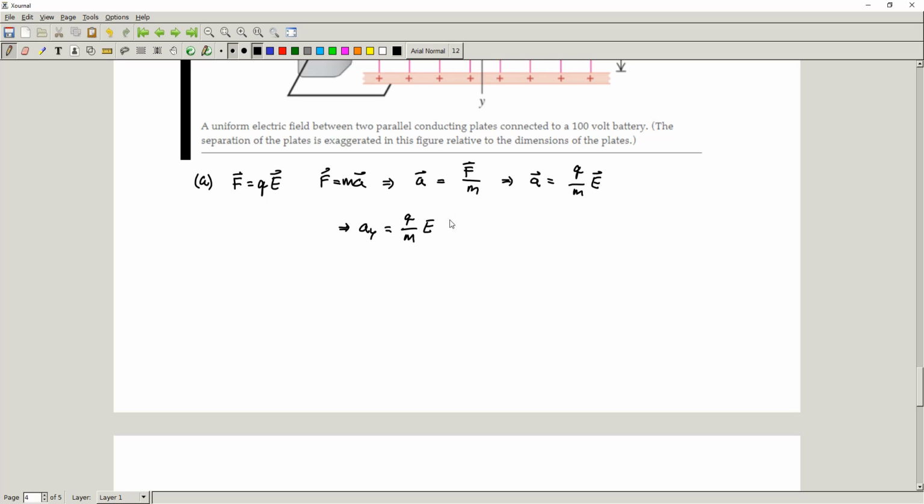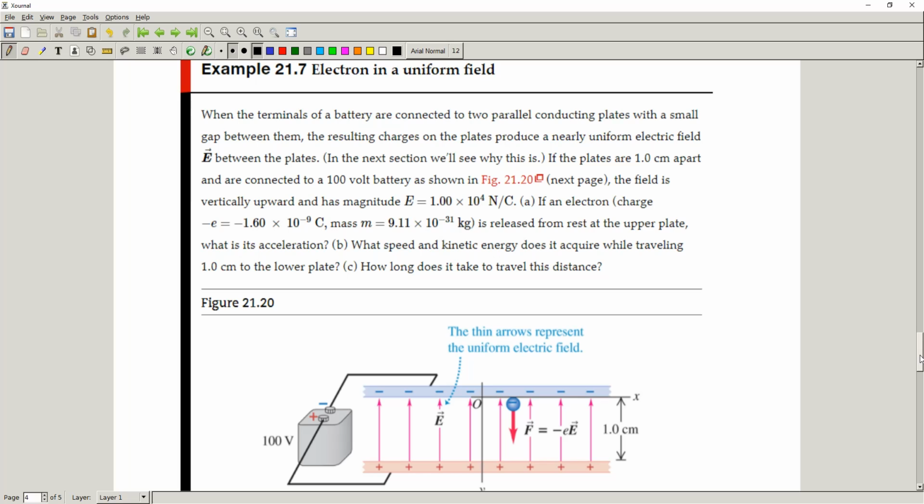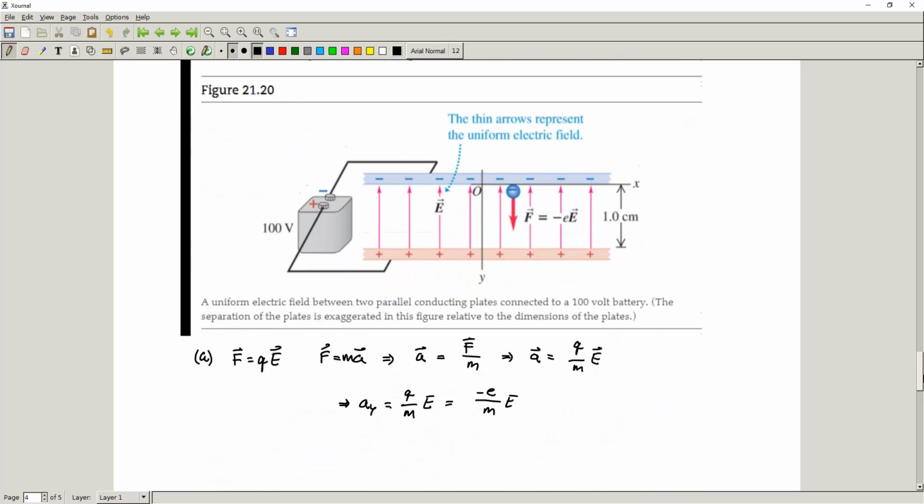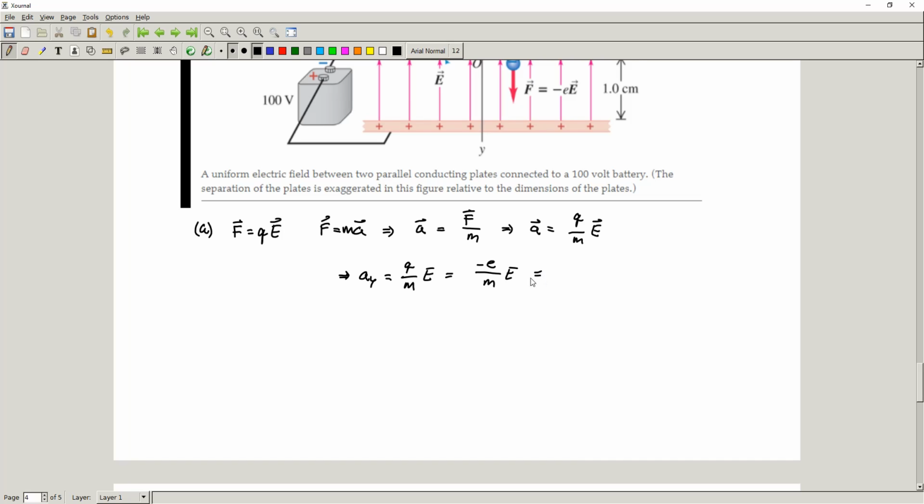And basically now it's just a matter of substituting in some numbers, right? So what's q here? Well, q is minus e. It's the charge on our electron. And so we end up with this expression here, and we're given all these numbers in the problem. We can sub in this minus e, we can sub in for m, and the electric field is also given to us. So I'll write that out here.